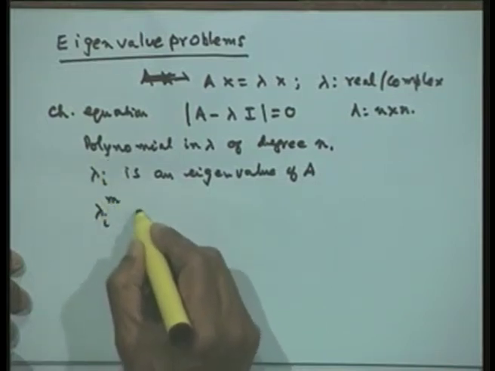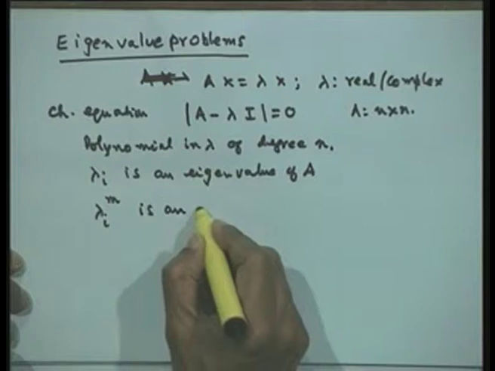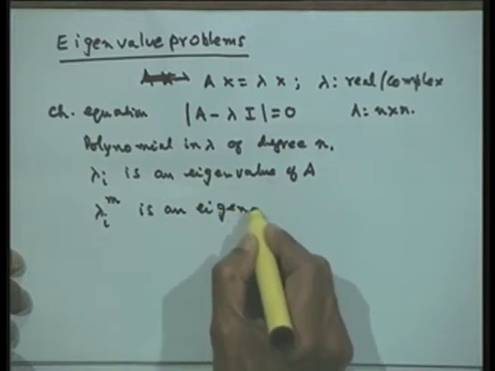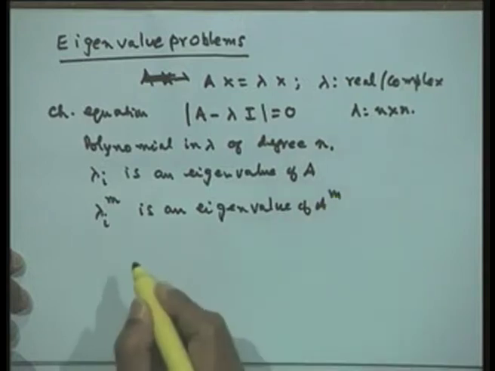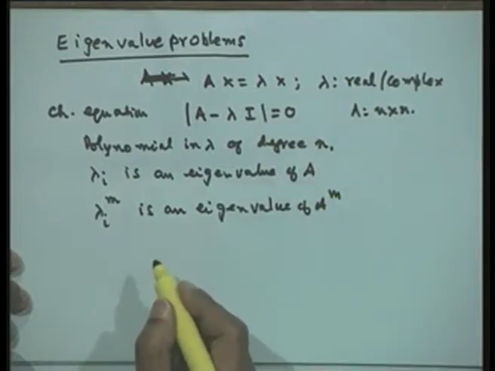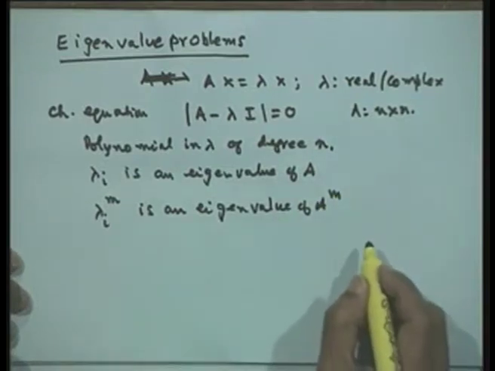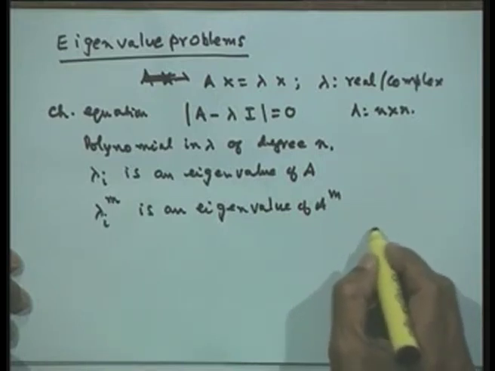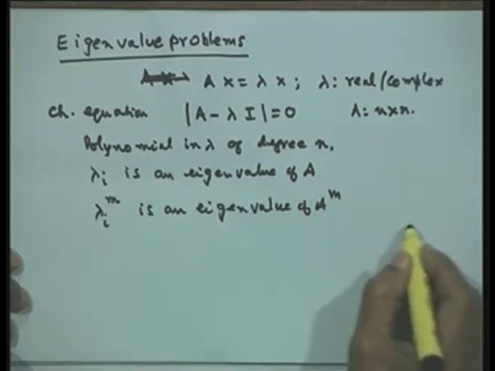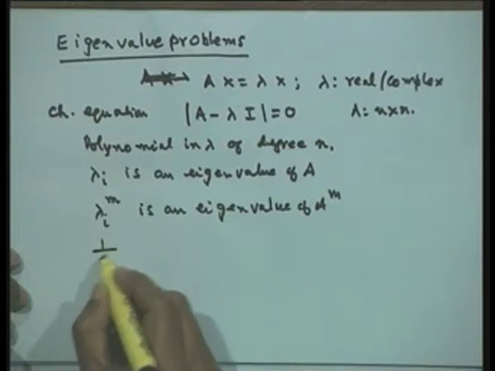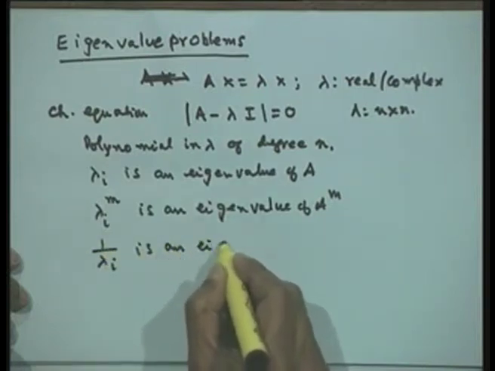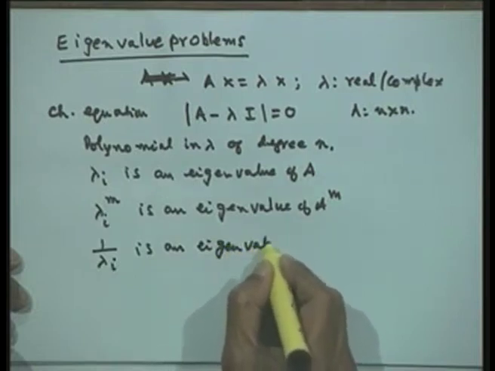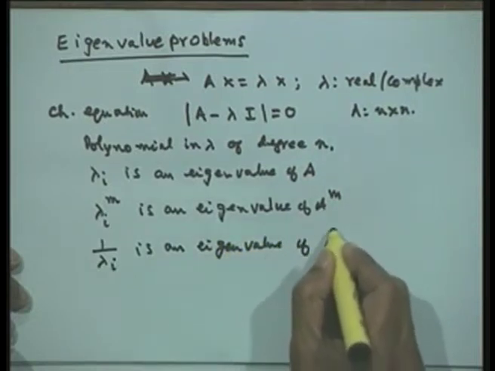So the mth power of this is an eigenvalue of A to the power of m. Let us assume that A is non-singular, that means the determinant of A is not equal to 0, then 1 upon lambda I is an eigenvalue of A inverse.